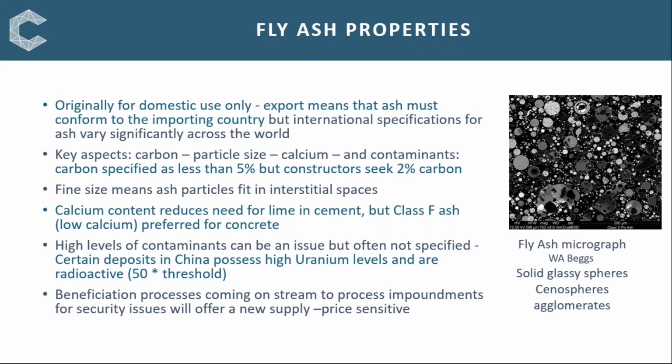The contaminants are not always specified, but the famous one is radioactive ash from a specific mine in China, which can be used in construction. Ash beneficiation processes are coming on stream, as some ash deposits must be removed, and these can then be manufactured to exact compositions.